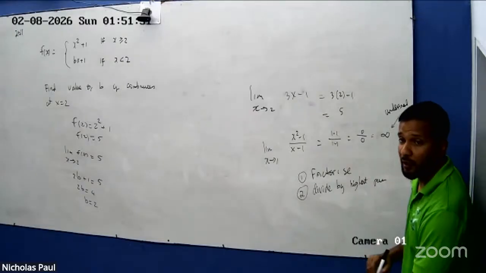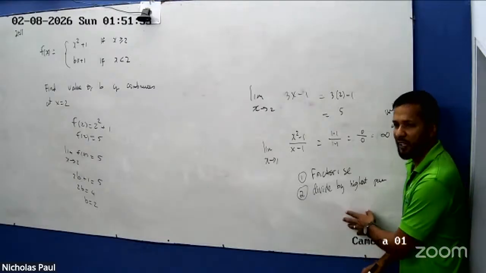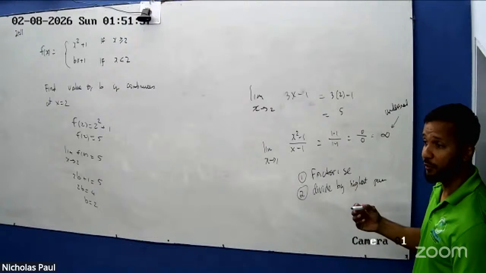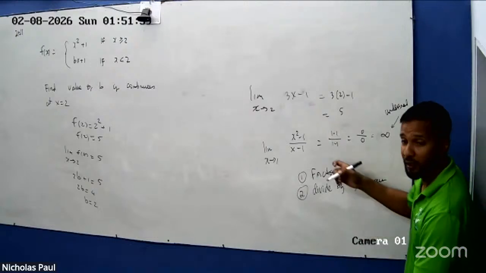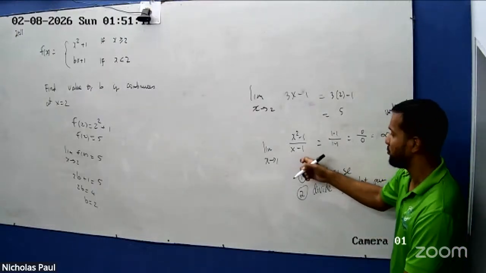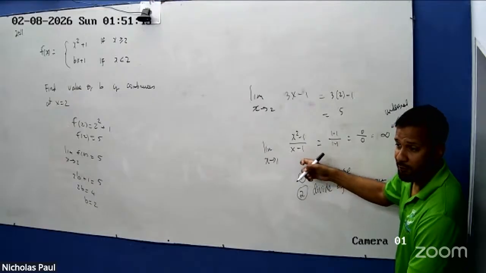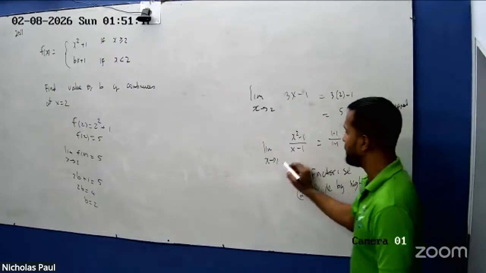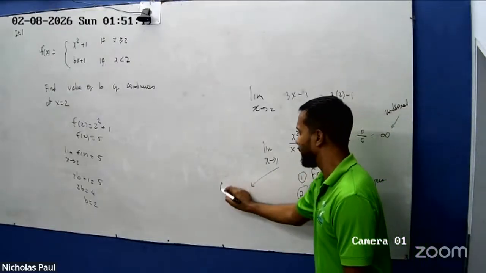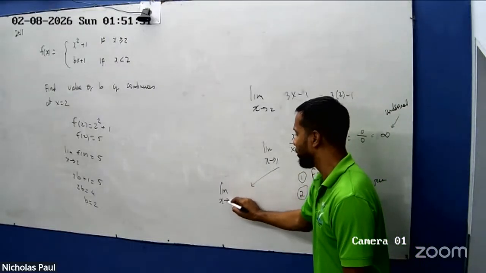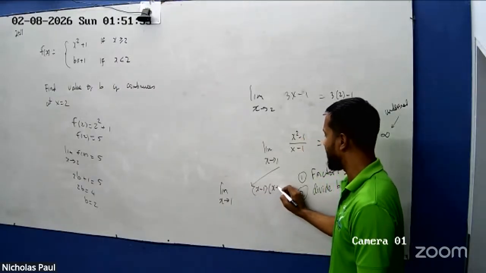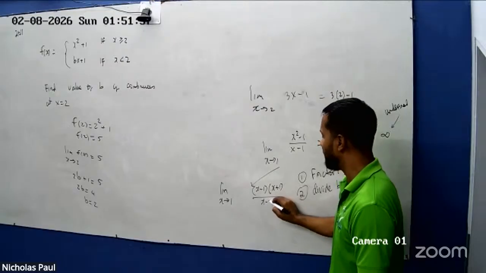If number one does not work, then we divide by the highest power. And L'Hopital is just a check, you're not allowed to use it as a proof. But watch this here. This one here, can I factorize this? Let's just see. I will get the limit as x approaches 1 of x minus 1, x plus 1 all over.